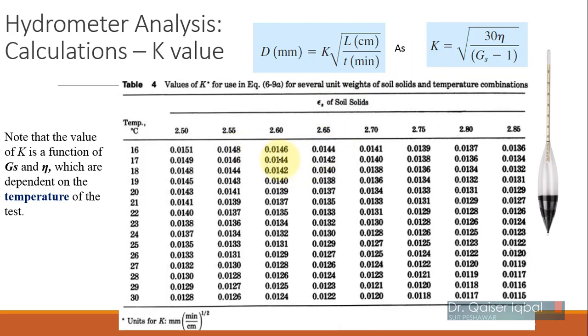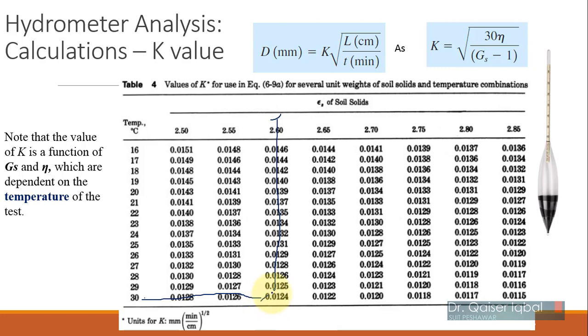So let's say the specific gravity of your solids is 2.6, and the temperature at which you are doing the test, it's a hot day, is let's say 30 degrees. So you will come here, 2.6 over here and 30 degrees temperature. So the value of k you will be using will be 0.0124.